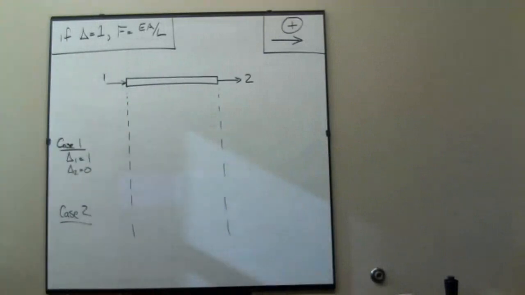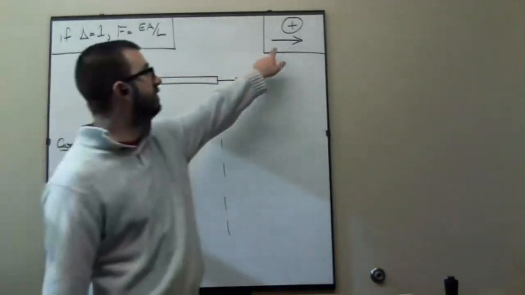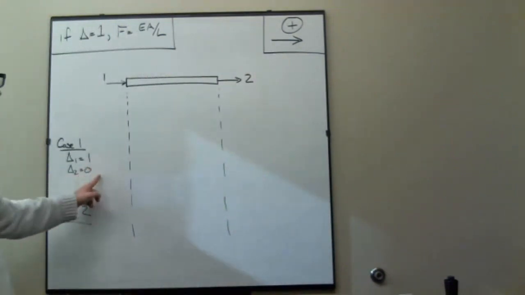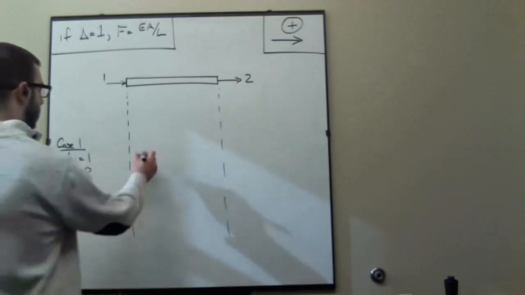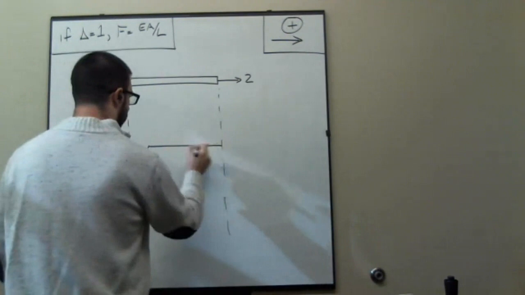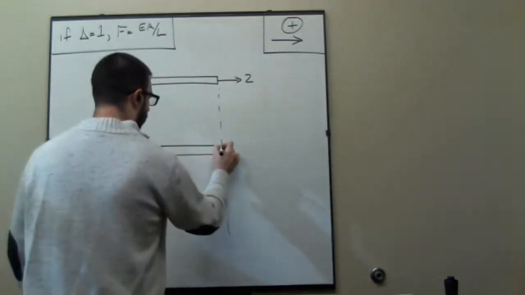So here's the element. Now I want to draw the element such that the first displacement is 1 and the second displacement is 0. And remember, positive displacements are displacements to the right. So what would the element look like if the first displacement is 1 and the second is 0? Maybe it'll look like this, right?